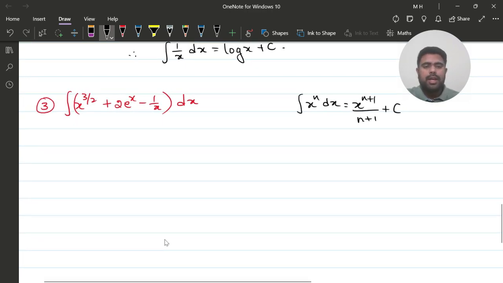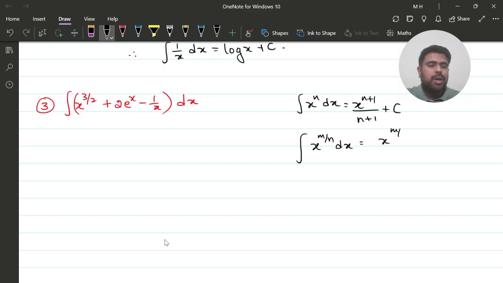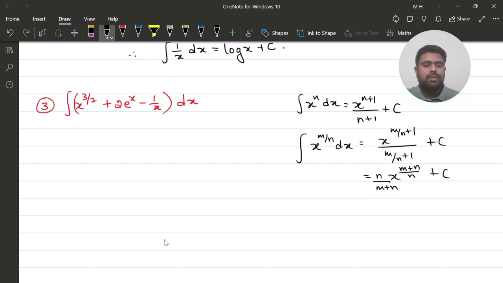So if you have any integral of the type x raised to m by n dx, this becomes x raised to m by n plus 1 by m by n plus 1 plus c, right? Taking the LCM, see what happens: it will be m plus n by n. But if we take it to the numerator, it will be n by m plus n plus c. So it will be of this form.